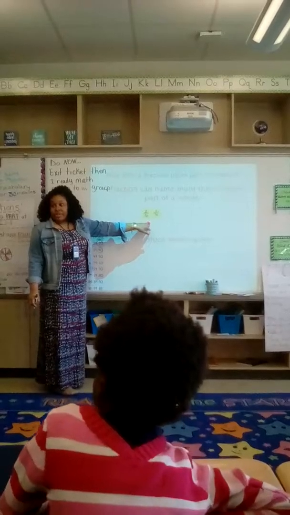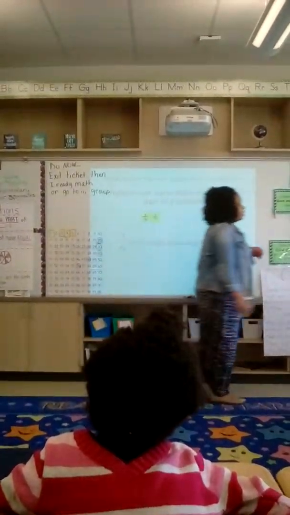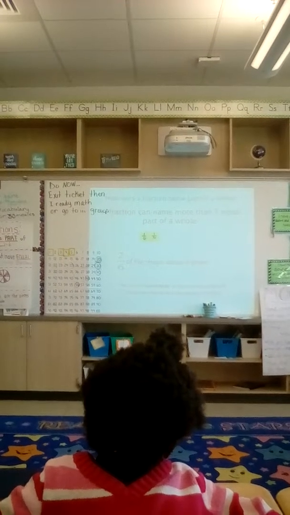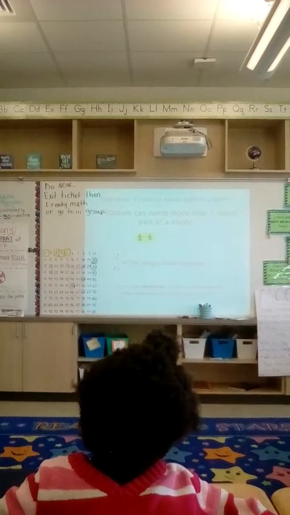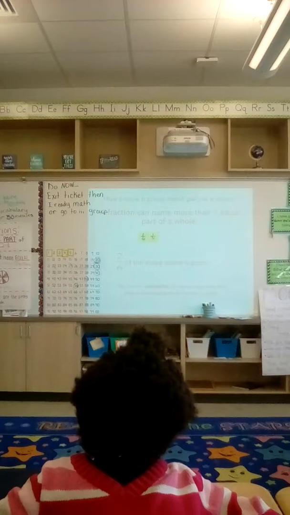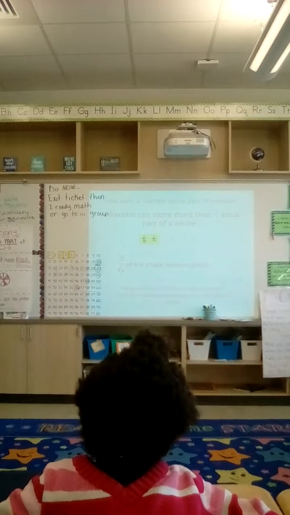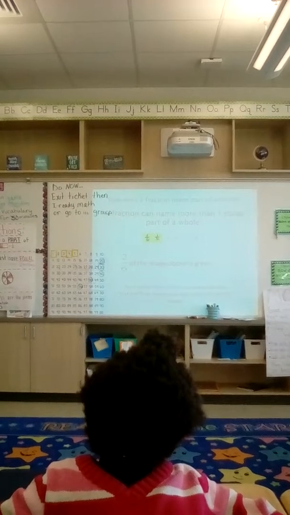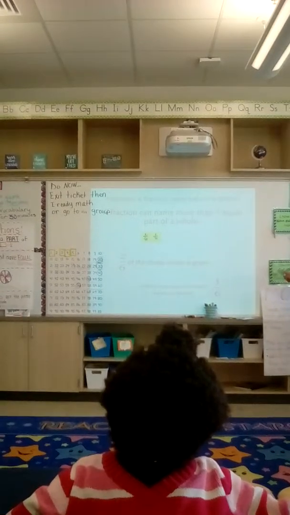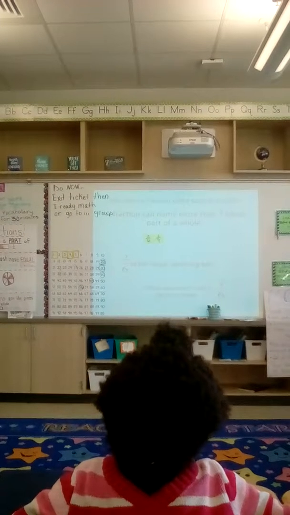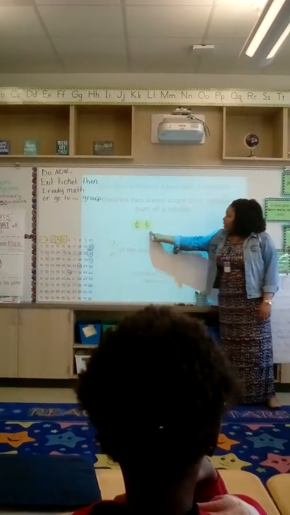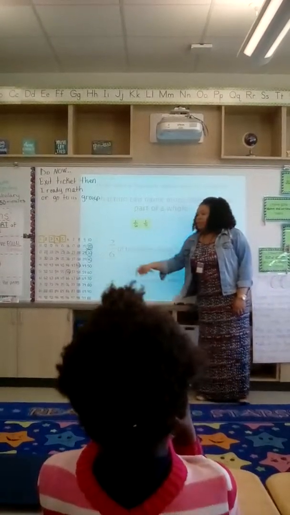Is she right? Let's see. Since 2/6 of the shape is green, 1/6 is the unit fraction for those two. Yasmin was right. The unit fraction is 1/6, 1/6, and that gives us 2 over 6.